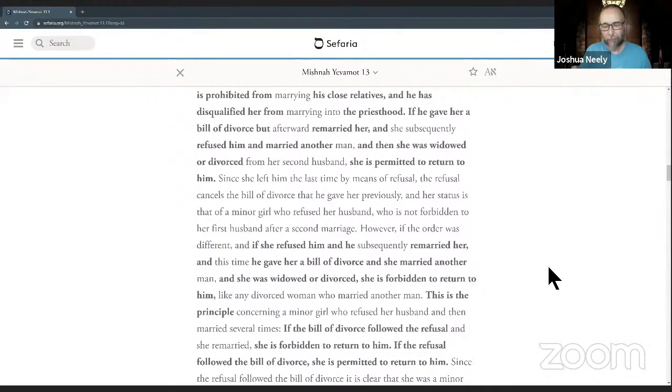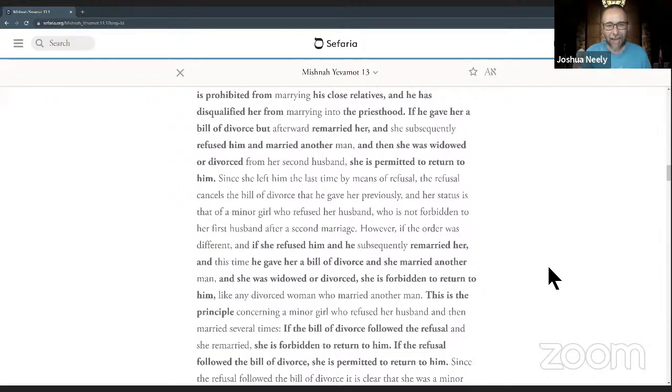In the general rule, if a man divorces a woman and she marries someone else, then she cannot get remarried to her first husband, even when her second marriage ends because of widowhood or divorce. She's not allowed to go back to her first husband. Here, however, she is allowed to return to the first husband, even though he divorced her.